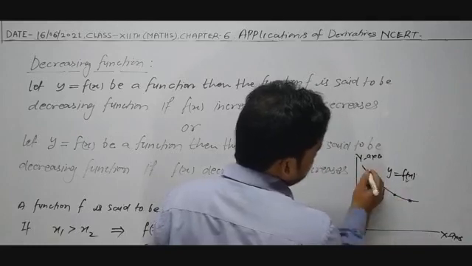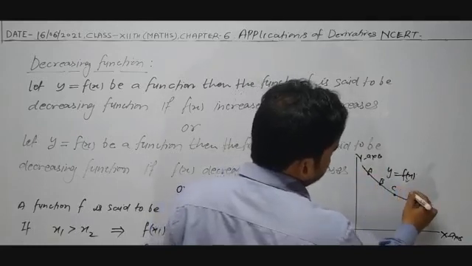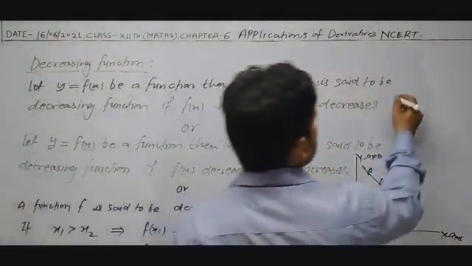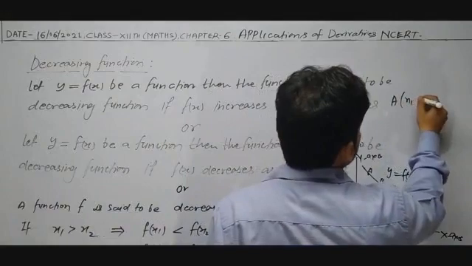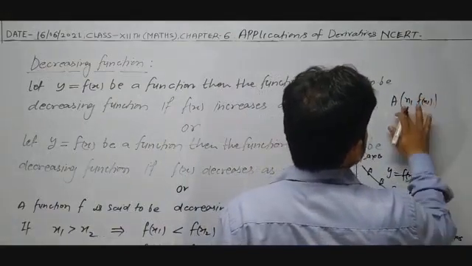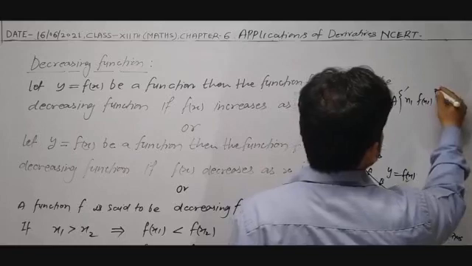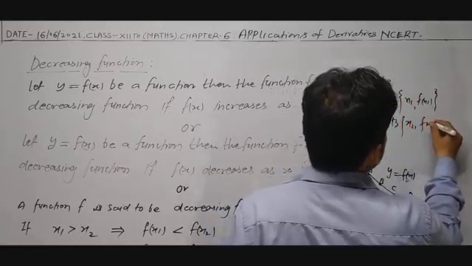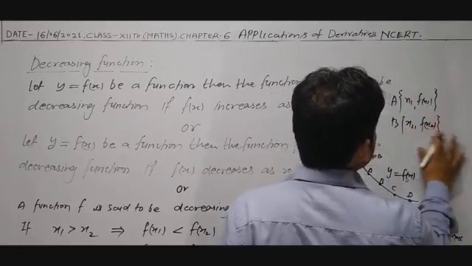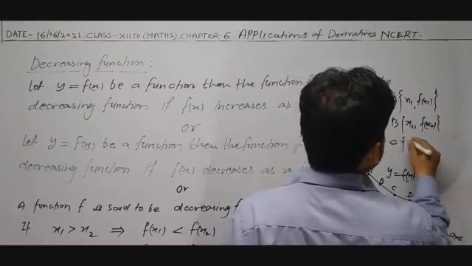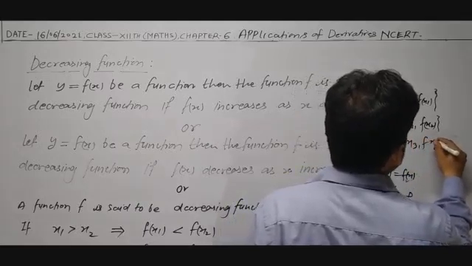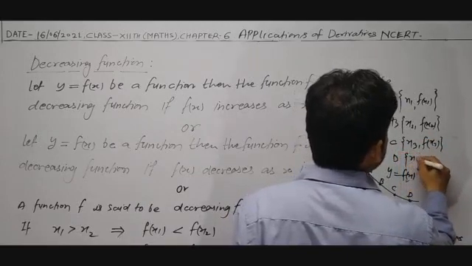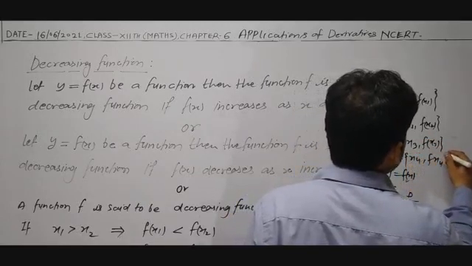Suppose there are 4 points A, B, C, D, such that A coordinates are x1 comma f of x1, B coordinates x2 comma f of x2, C coordinates x3 comma f of x3, and D coordinates x4 comma f of x4.